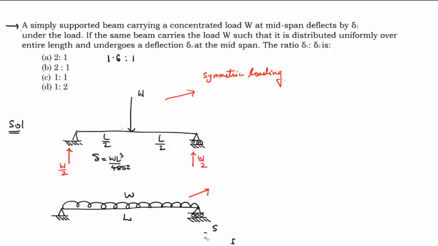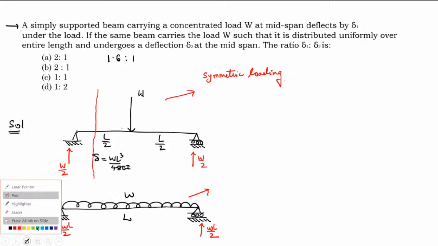Next, for the second one, the net load acting on the beam is WL. So this reaction is going to be WL by 2 and this one is going to be WL by 2. Now let me write the strain energy equation for this. Let us take a section here, at distance x.